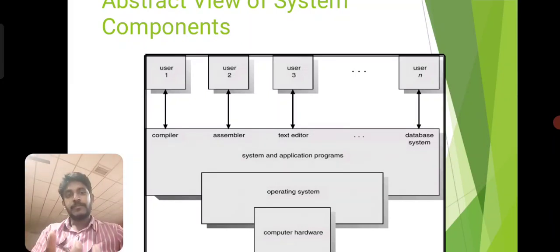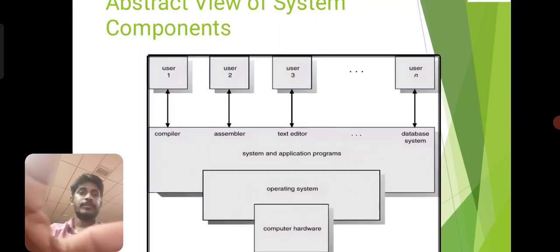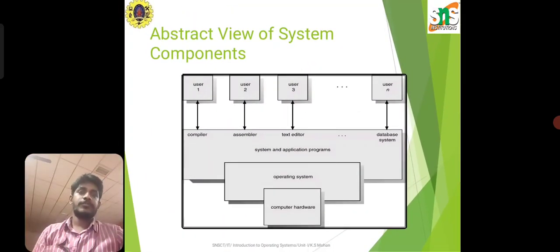The system and application programs include compiler, assembler, text editor, and database systems. User 1 may use a compiler, user 2 an assembler, user 3 a text editor, and a number of users will be using the database system. So the system and application programs are available in the abstract view of the system components and operating system. This is the basic abstract view of system components.